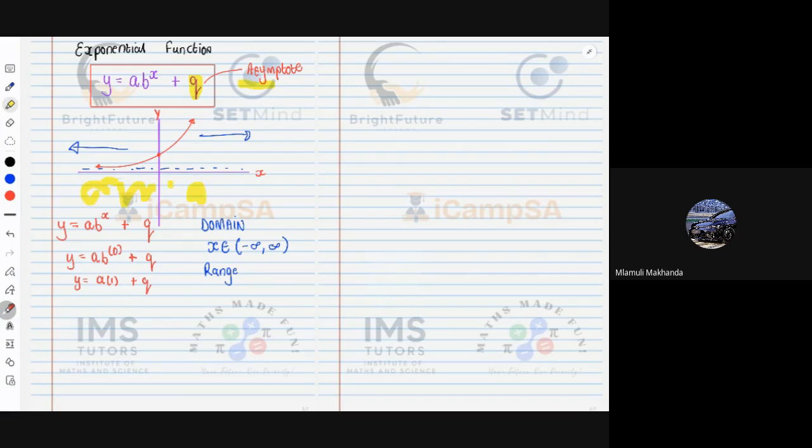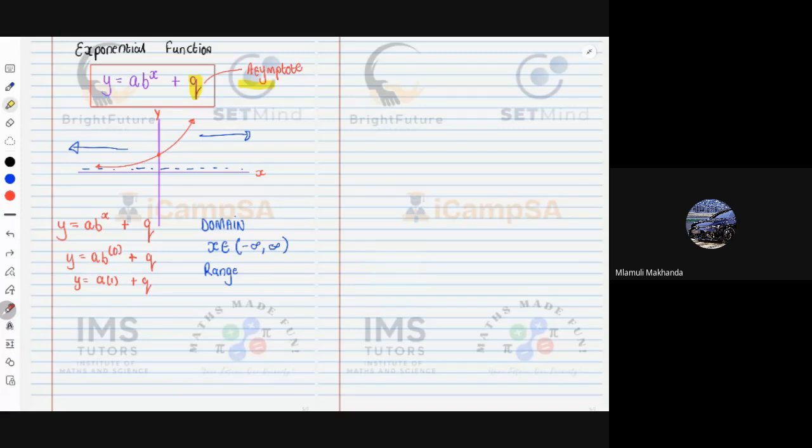Look at that red line. That red line is not there. From the asymptote, from that q, it is not there. So our graph doesn't exist here. So we're never going to have a range from negative infinity to positive infinity, because the graph simply doesn't exist there. Even by just looking at it graphically, you can see that our graph doesn't exist there.